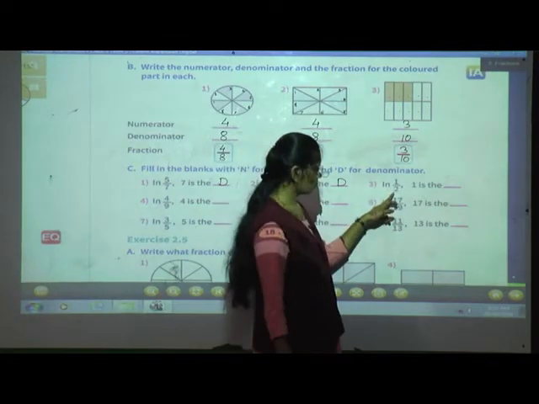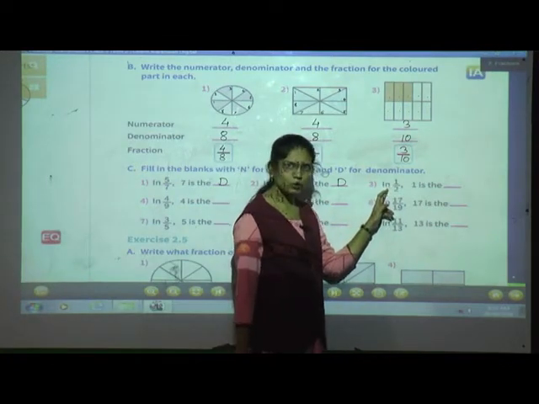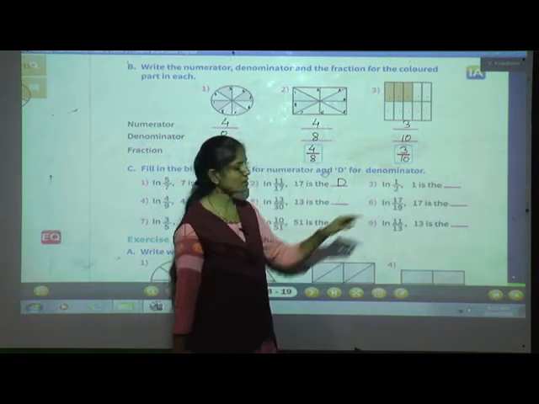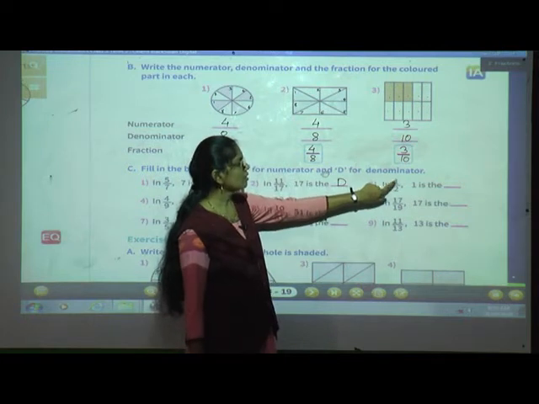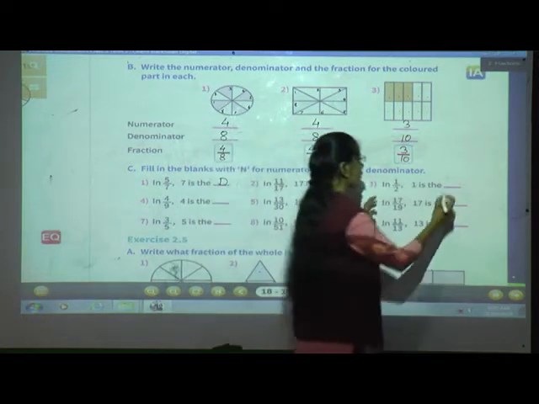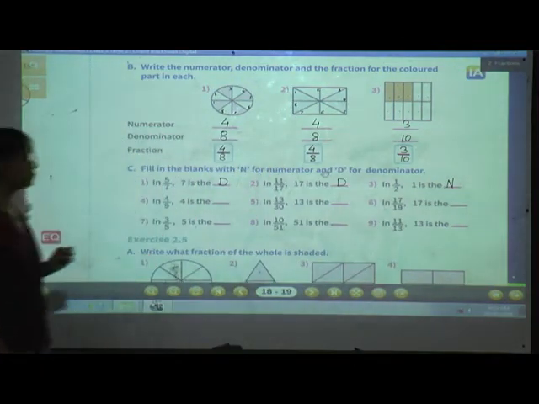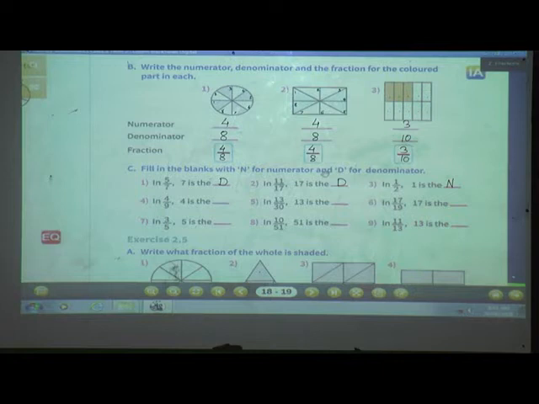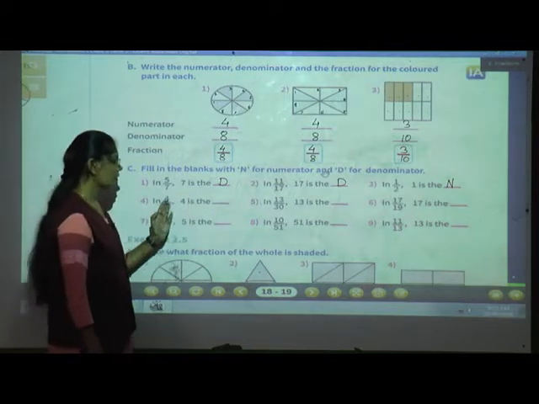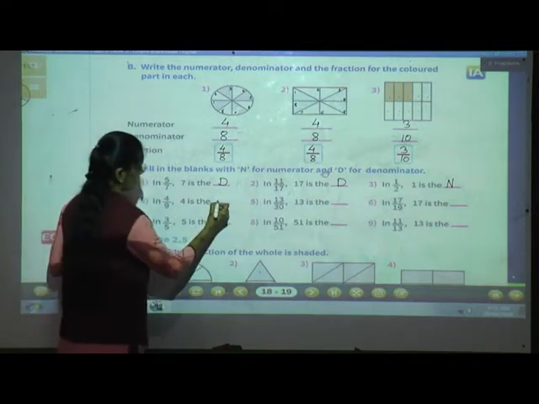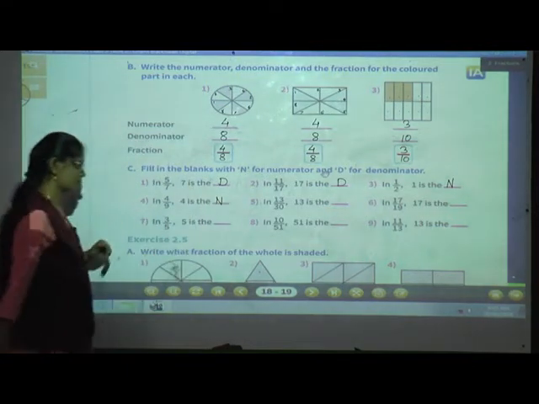In 1 by 2, see where is the 1? 1 is the upper side. So 1 is the numerator. So here we have to write capital N. N stands for numerator. Then in this fraction 4 by 9, 4 is the numerator. Correct. So write here N.